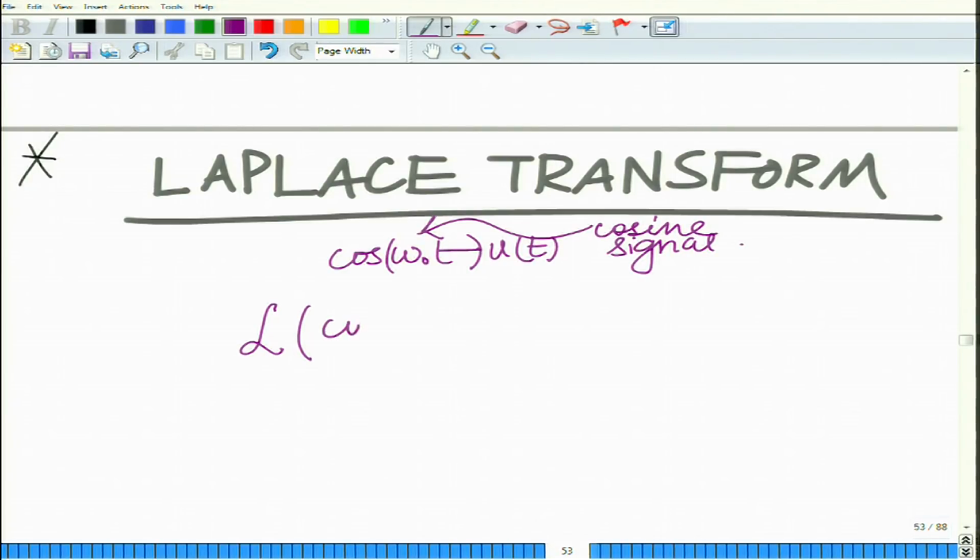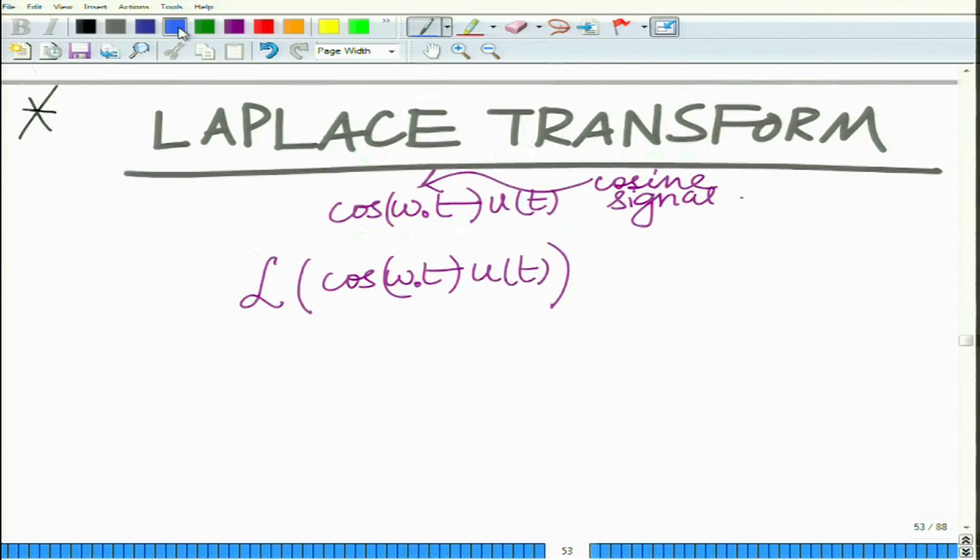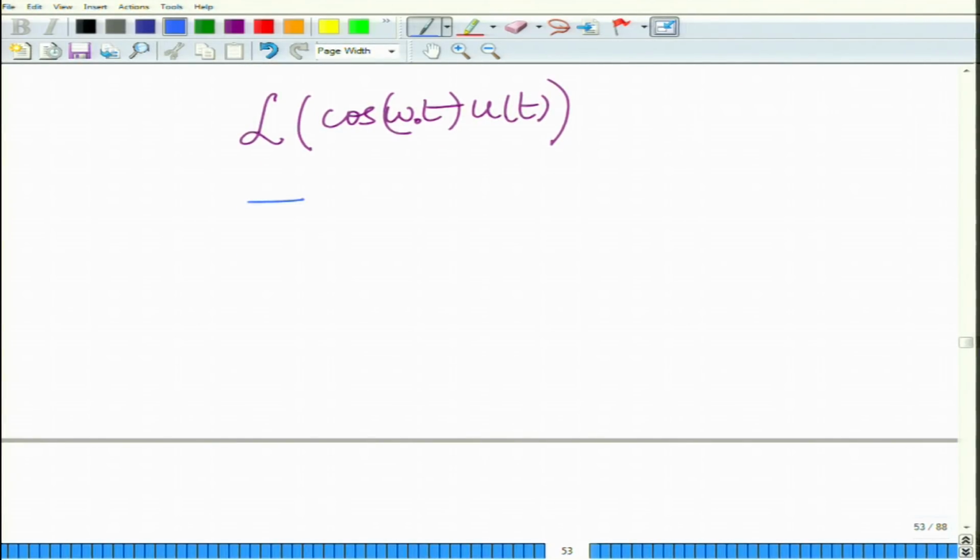So, the Laplace transform of cosine omega naught t u(t) is equal to an integral which, because of the u(t), is non-zero only for t greater than or equal to 0.